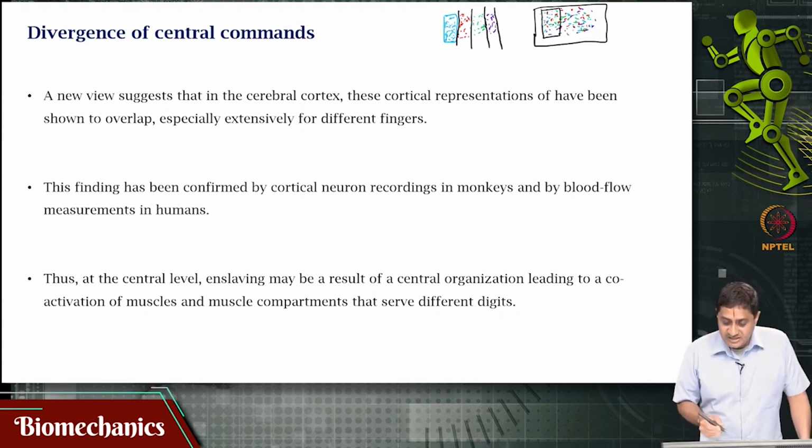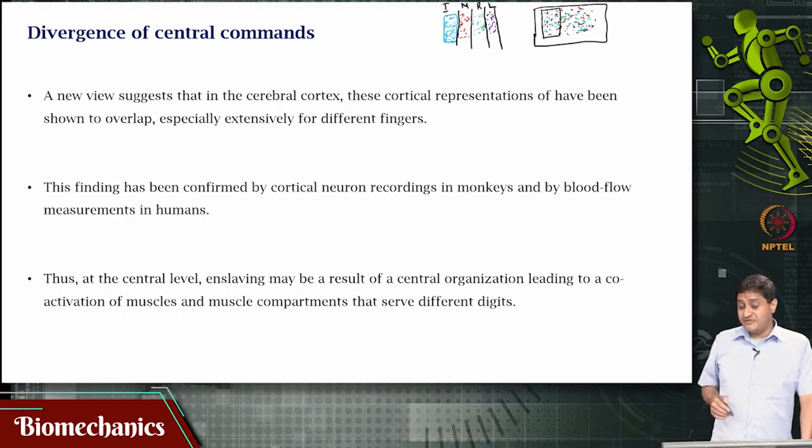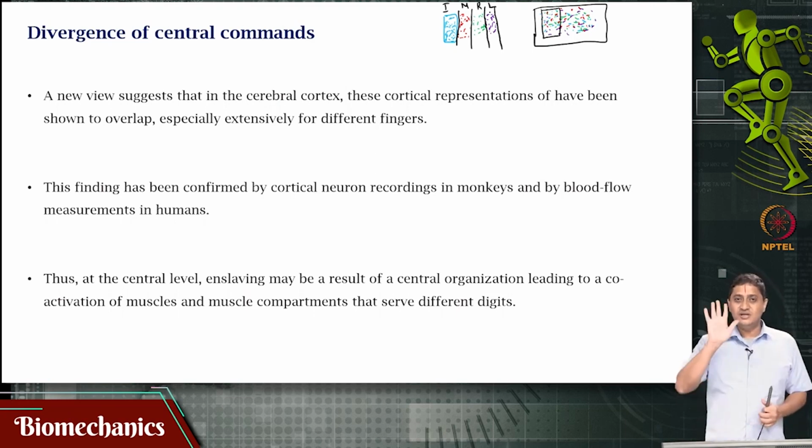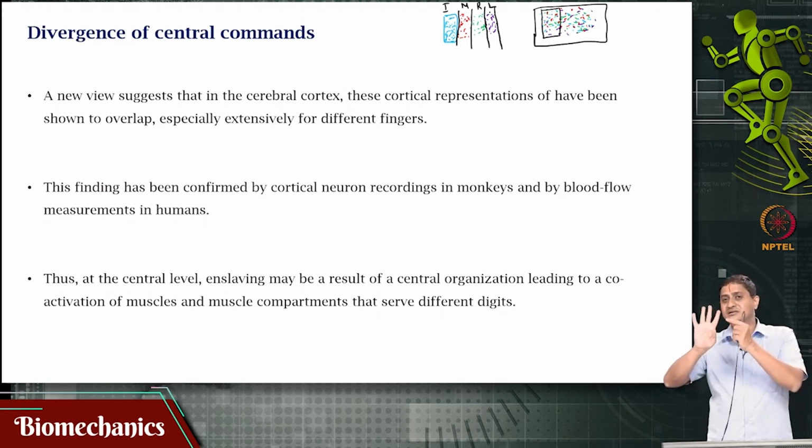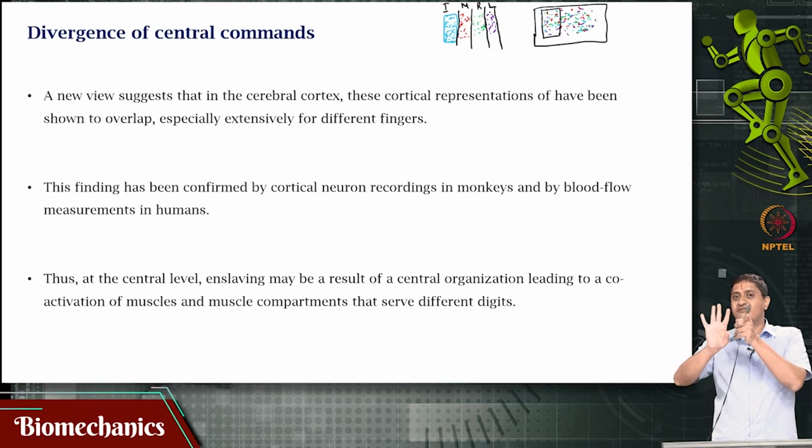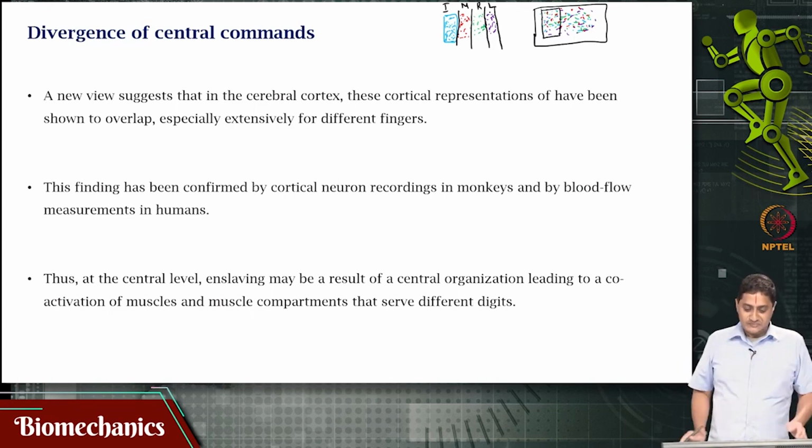For example, this is index, this is middle, this is ring, this is little, we said. So little finger and index finger are far away from each other, is it not? In the hand you see that the index finger and little finger are far away from each other, right?